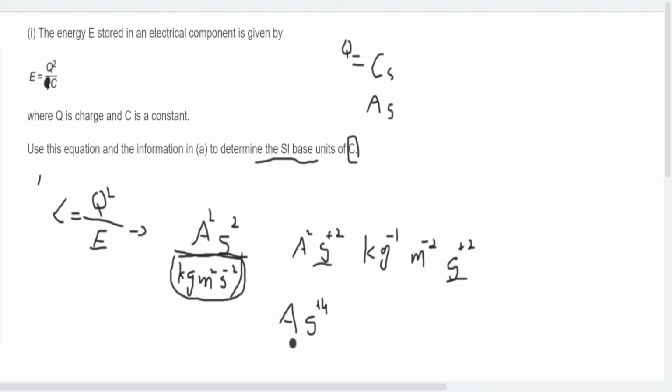I get my final answer as s positive 4 kg negative 1 m negative 2. And since I don't have any two similar units, I'm going to leave this as it is, and that's going to be my final SI base unit of C.